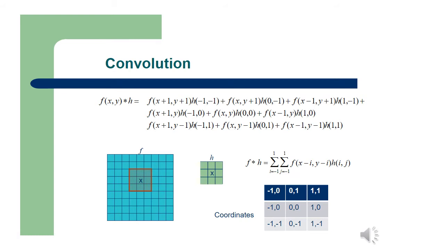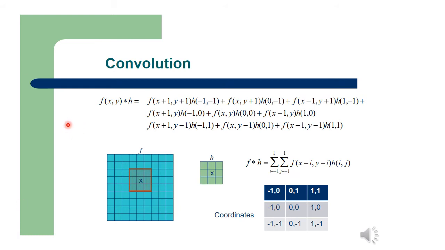Okay, this is an example of applying correlation. It was actually the multiplication of the actual points on the image with the mask.